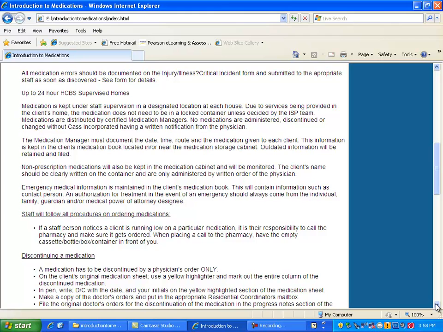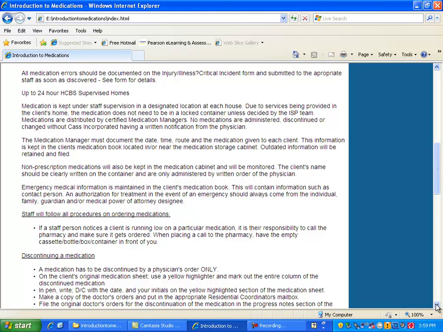The client's name should be clearly written on the container, and they are only administered by written order of the physician. Emergency medical information is maintained in the client's medication book. This will contain information such as the contact person. An authorization for treatment in the event of emergency should always come from the individual, family, guardian, and/or medical power of attorney designee.